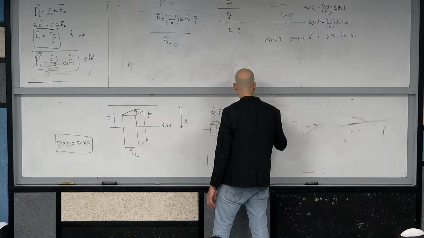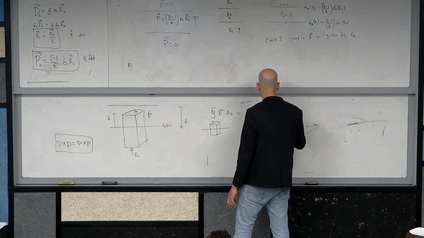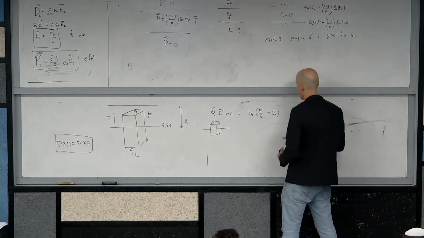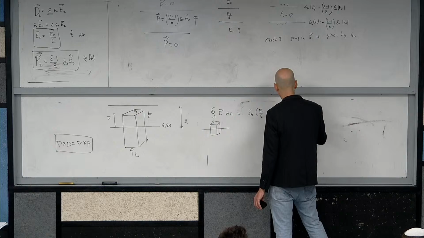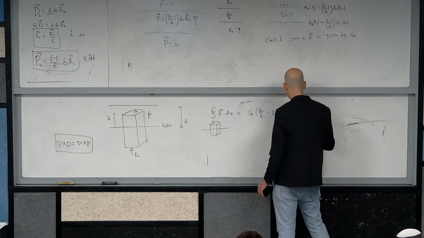Epsilon 0 divided by epsilon minus E0. E0 is just the magnitude. And then the question is, is this equal to Q enclosed, which I need to divide by epsilon 0?